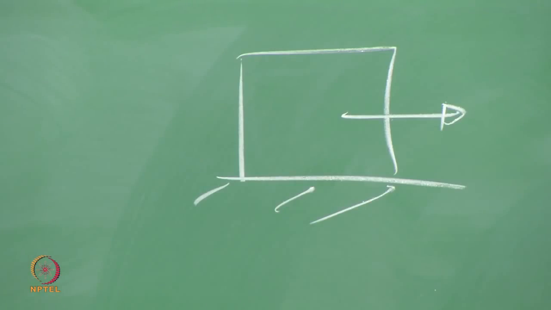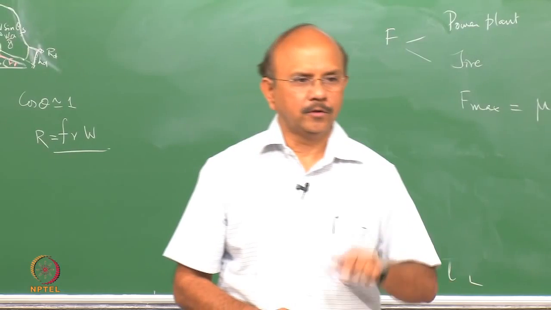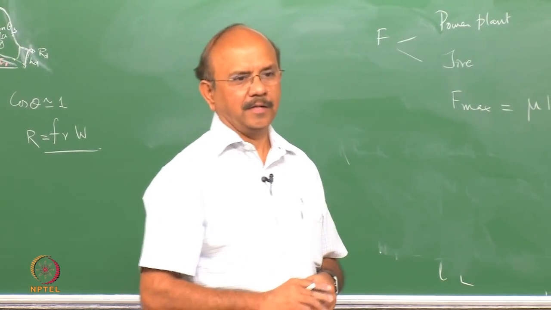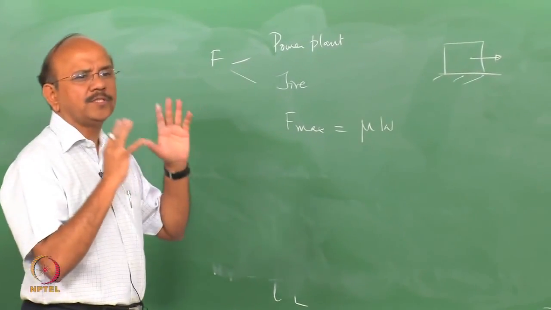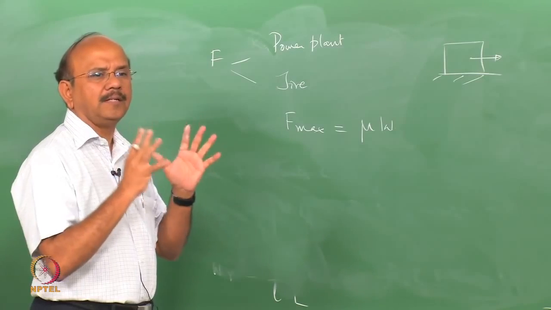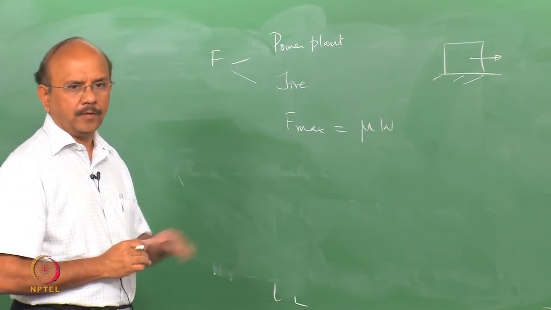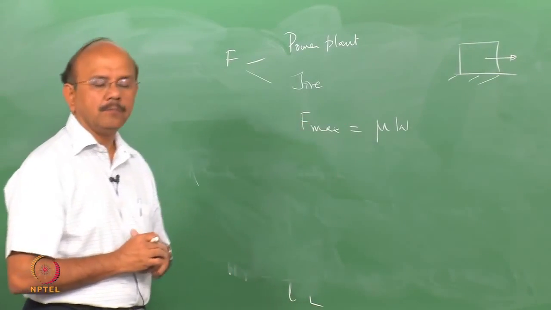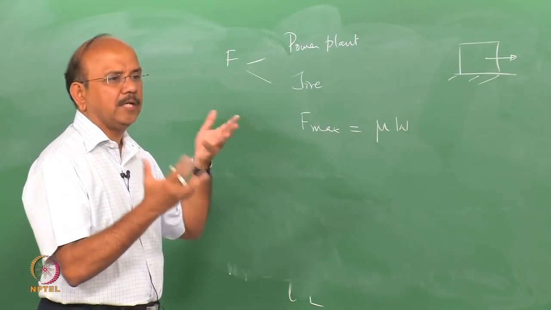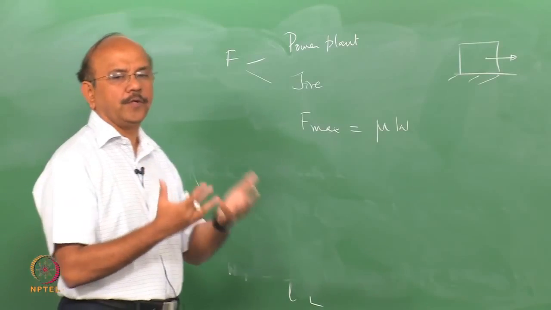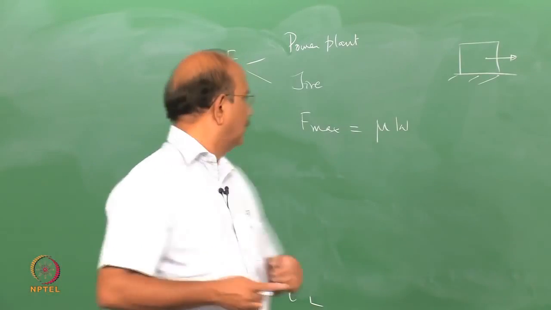These debates are very important and interesting, and we will go into them when we look at tire mechanics. So, when I say mu into W, mu is a sort of lumped quantity. So, mu is equivalent, I would say, to Coulomb friction.